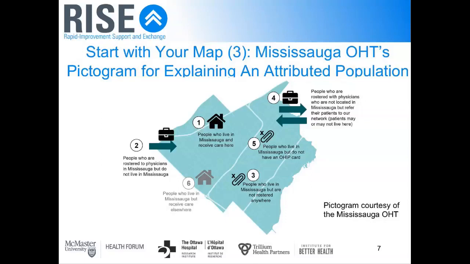And these ones in a community like Mississauga are often new immigrants coming here who have not yet signed up for OHIP, and yet they're a service sector that the Mississauga OHT considers important to include. And then finally is this last segment of people, labeled as number 6. Those are the people that live in Mississauga but obtain their care elsewhere. So these are people who may live here but seek their care in Toronto, and so therefore they're actually enrolled and attributed to another OHT, not those here.